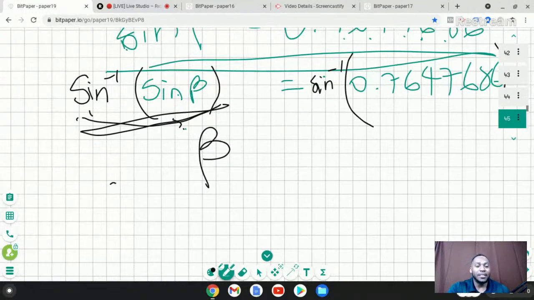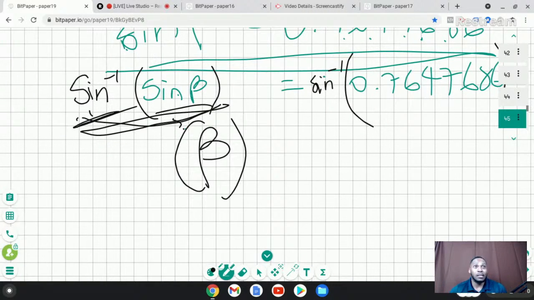Think about this as if you had 2x and you divide by 2. This is the inverse, so sine of beta, and then you take the inverse sine of that, and you're left with beta. And that's the purpose of taking the inverse sine: to isolate beta by itself to find the angle.